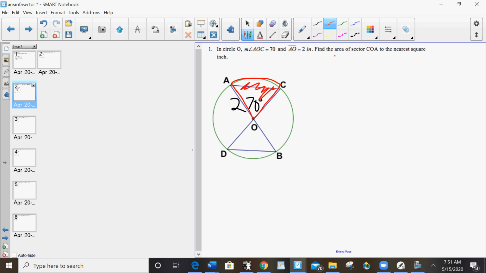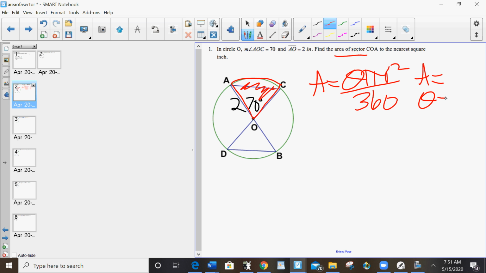So area of a sector is theta pi r squared over 360. Let's list my variables: A, theta, and r. A is what I'm looking for. Theta is the central angle, which is 70. R is the radius, which is 2.